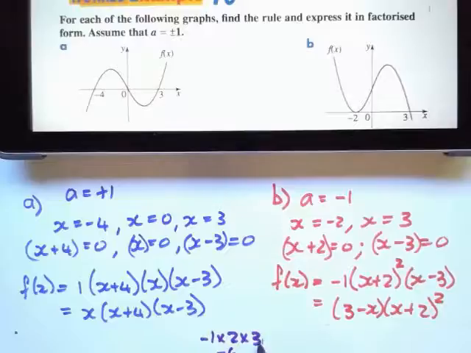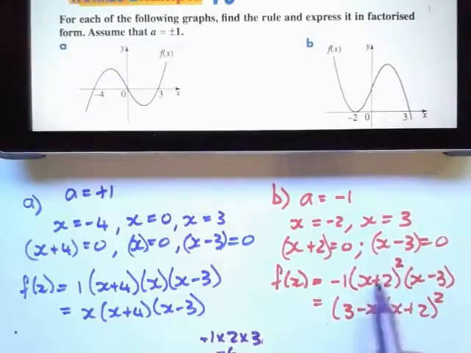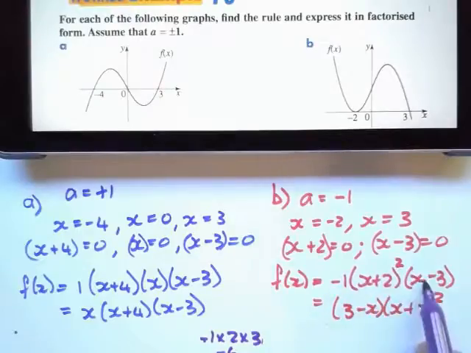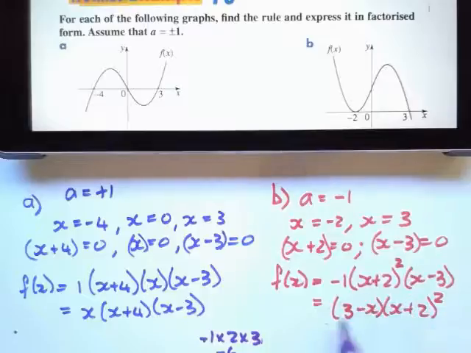You don't multiply it into both. So this negative 1 can be multiplied with any bracket, but because this is squared, I don't want to mess around with this, so the negative 1 I will multiply there. If you are uncomfortable with that, rather leave your answer there and do not simplify further.